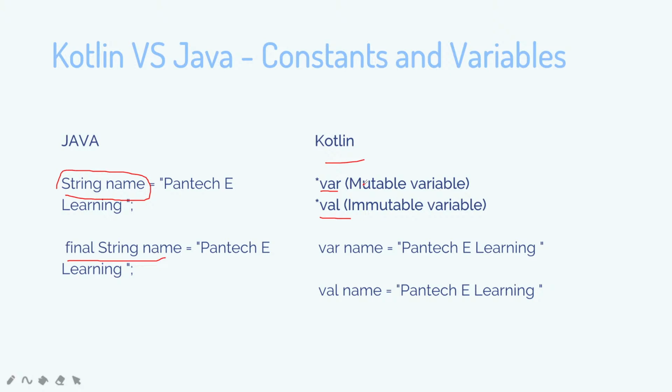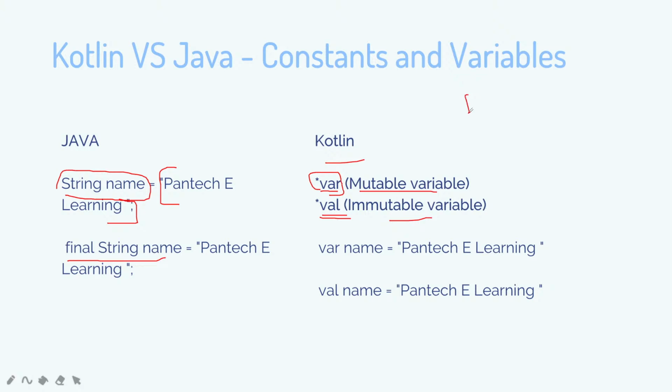If you want a mutable string, you need to use var. If you create a list or a string that should be immutable, you need to use val before the variable name. First of all, you need to know what is mutable and what is immutable.